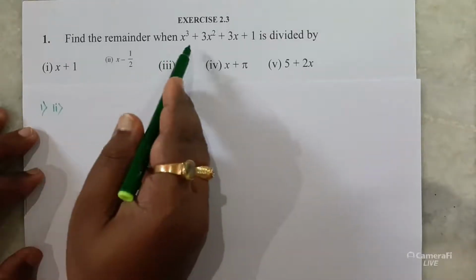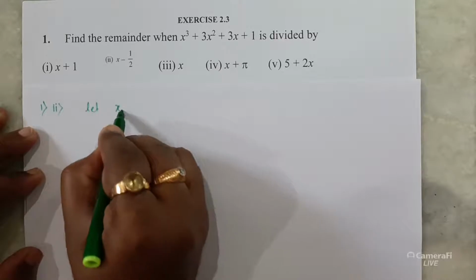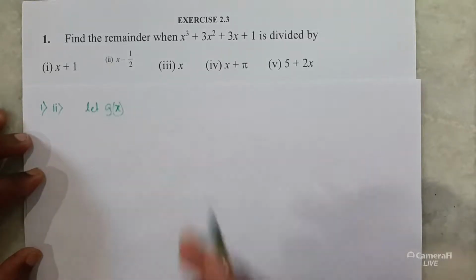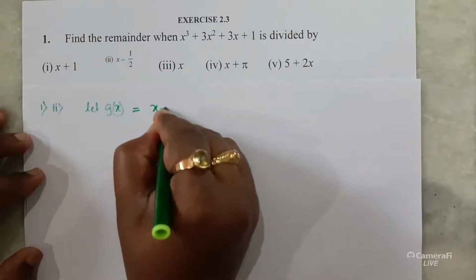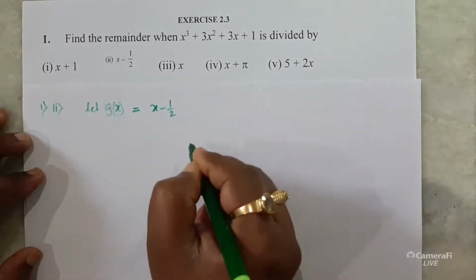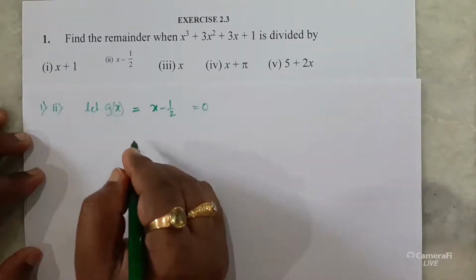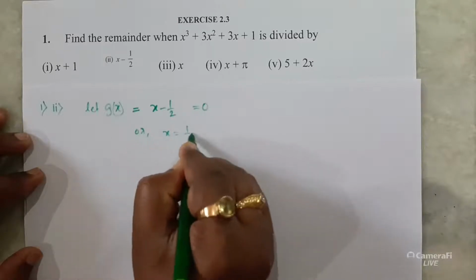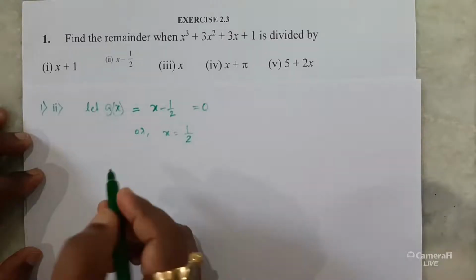Let g of x equals x minus half equals 0, so x will be equal to 1 by 2.